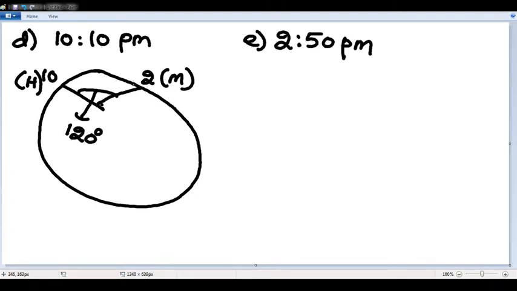When the minute hand reaches 2, the hour hand will move for 10 minutes. 1 minute is half a degree.